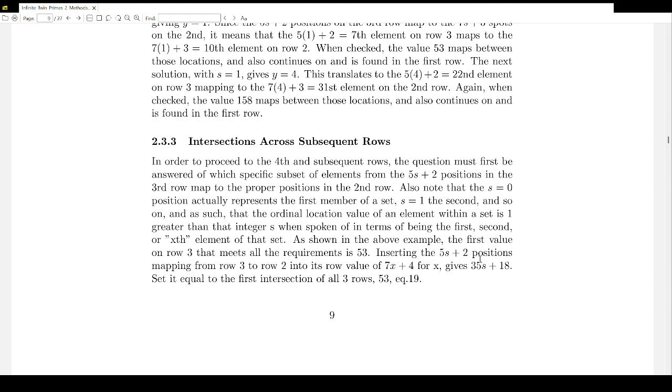Inserting the 5s plus 2 positions mapping from row 3 to row 2 into the row value of 7x plus 4 for x gives 50. So now we're taking this 5s plus 2 and plugging it into this 7x plus 4.